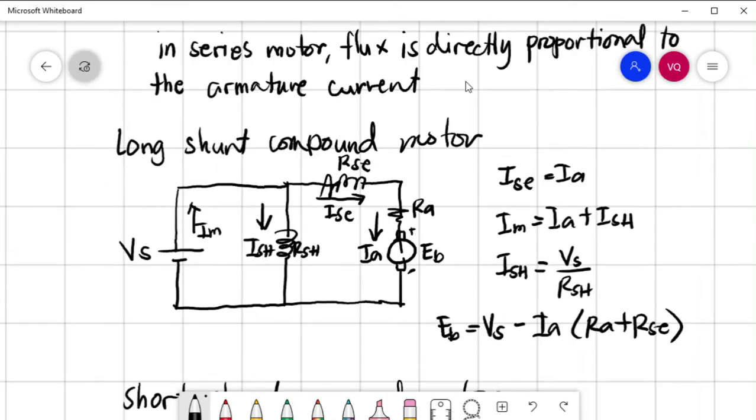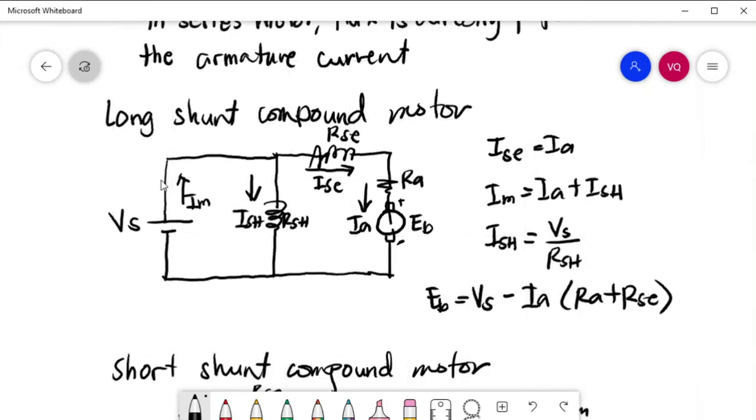For long shunt compound motor, this is your source voltage in parallel with the shunt resistance, and then the Rse and Ra are connected in series. So Rsh is in parallel with Rse plus Ra.